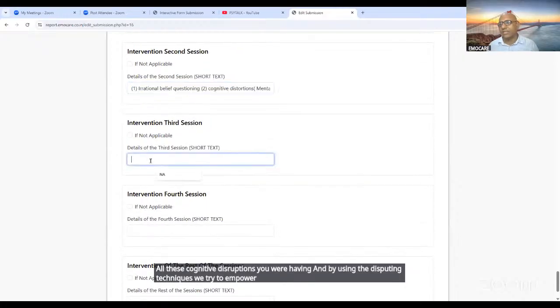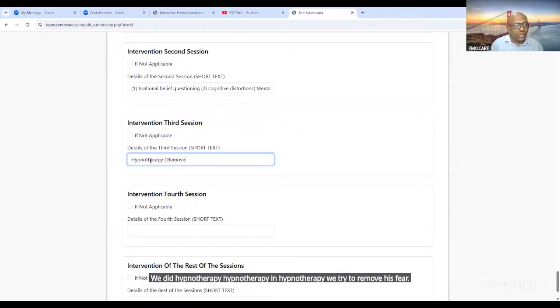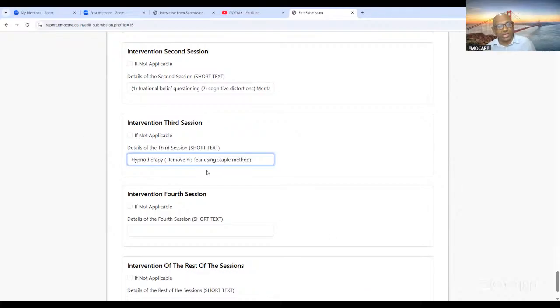In the third session, we did hypnotherapy. In hypnotherapy, we try to remove his fear using the staple method, by using a metaphor method.